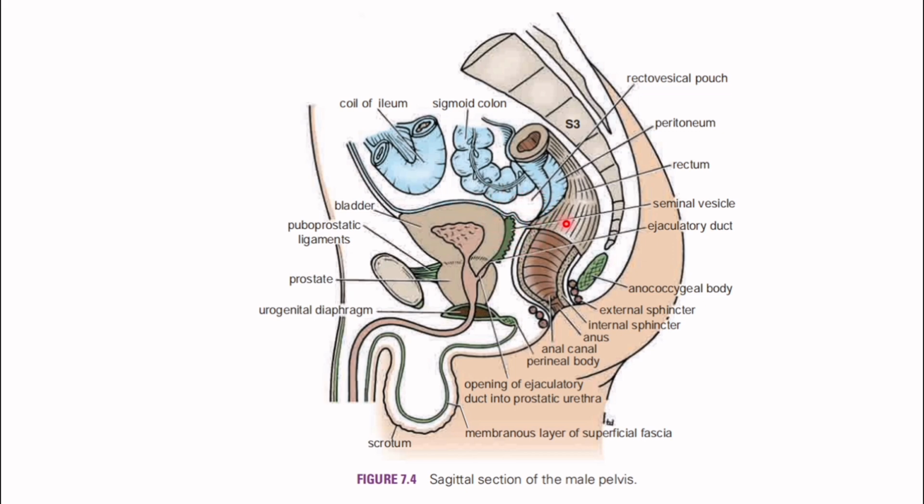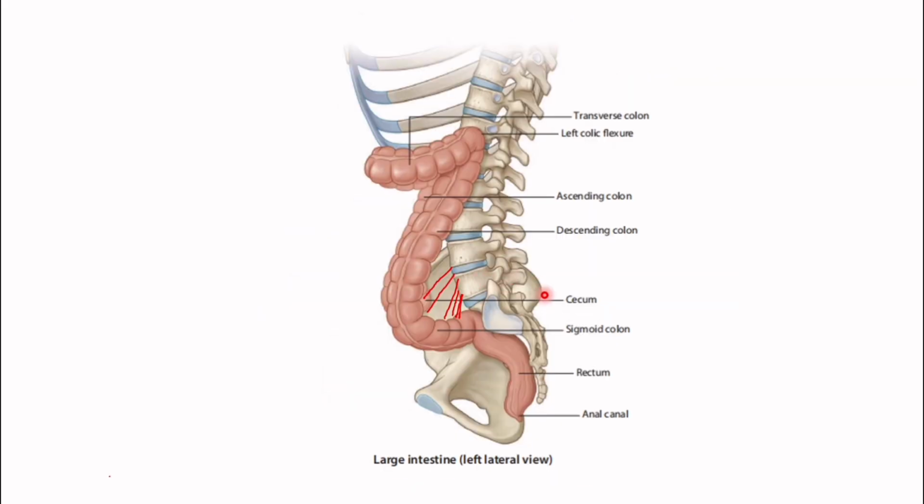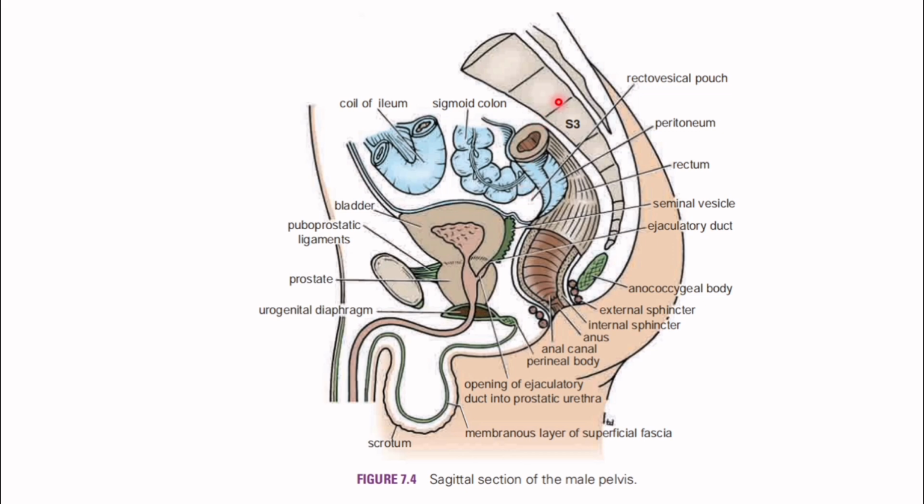Not only that, we have the ductal system of the male reproductive system, such as the seminal vesicles and the ejaculatory ducts. They also form anterior relations of the rectum. Done.